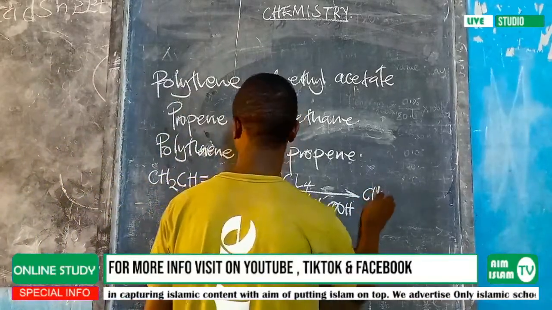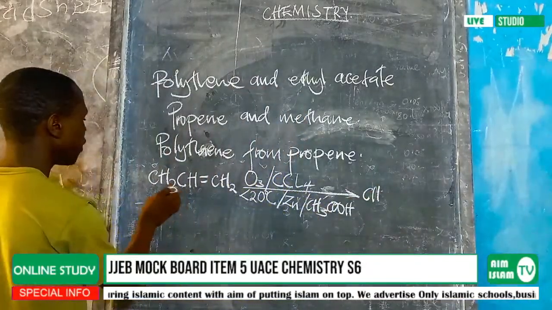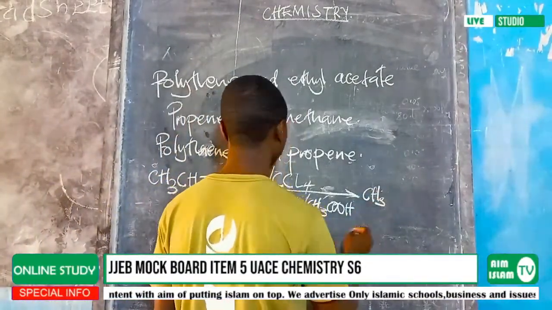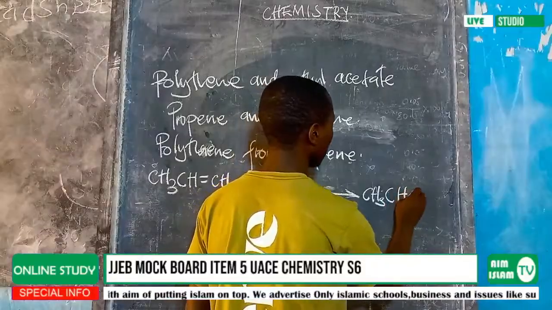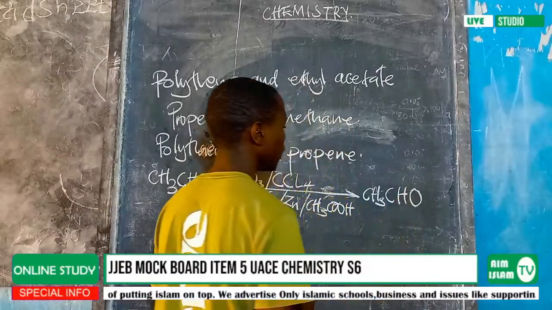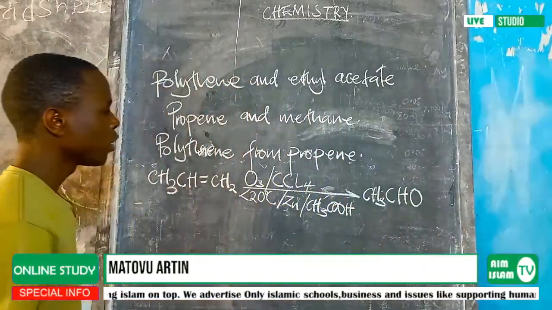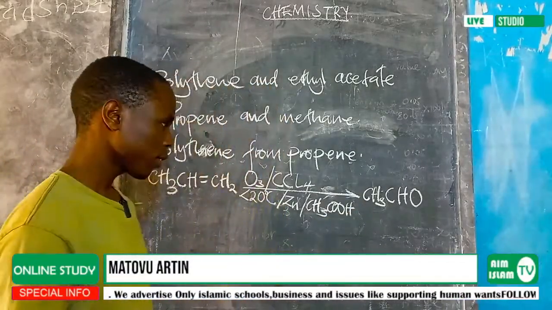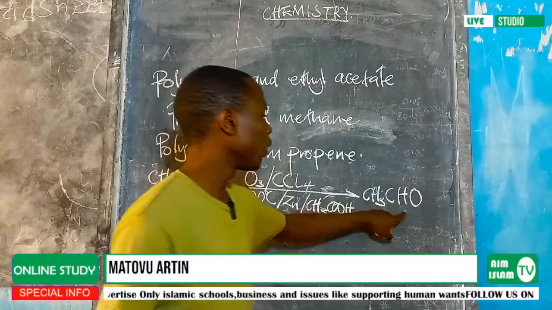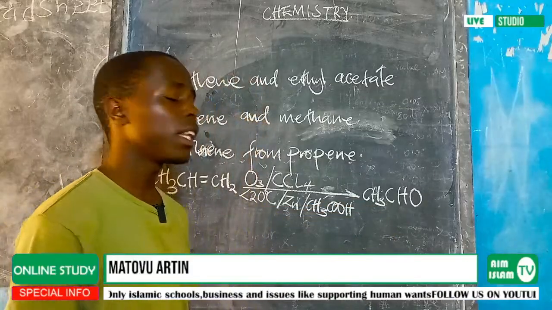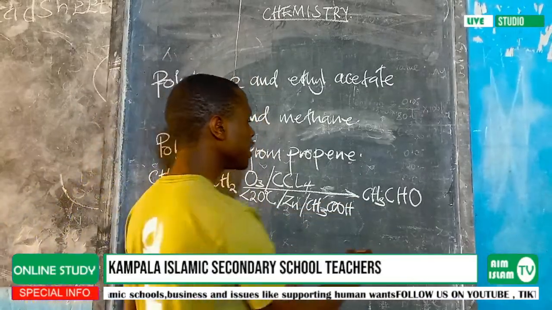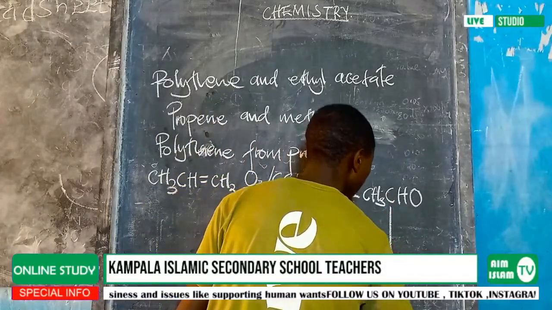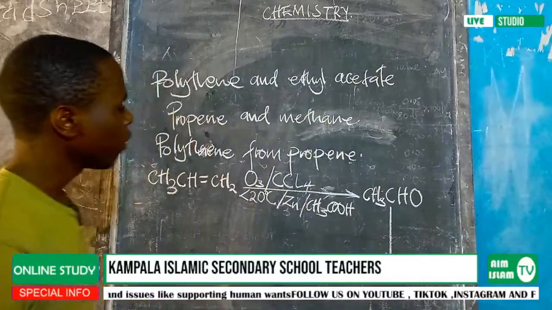I'll form a carbonyl compound, which is in that form. It is called ethanal. Still, I don't want ethanal. I want ethene with a double bond, so it means I have to also make ethene.